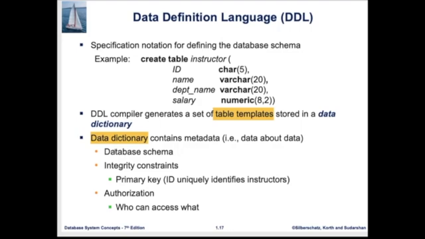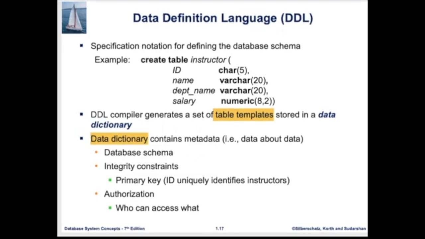So, nandito nakalagay yung structure or yung database schema, ano yung mga columns niyan, ano yung data types. Some of the information like integrity constraints. So, ano yung primary key or the ID that uniquely identifies a specific, in this case, instructor. And then, dito rin naka-define yung authorization or who can access what.